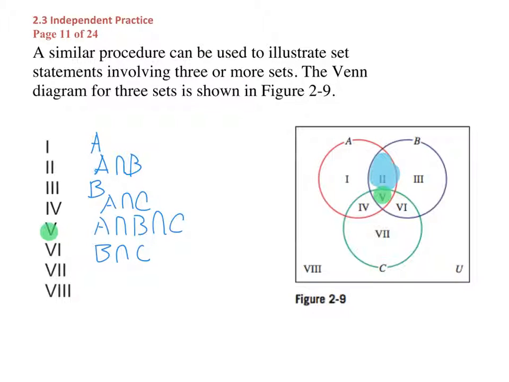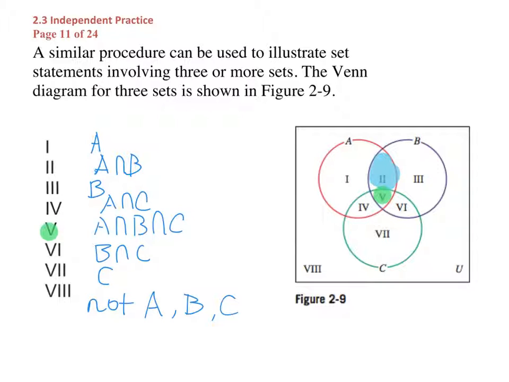And area 7 represents the elements in C only, but not in A, not in B. That's our C only. And area 8 is the area for all the elements in the universal set U, but not in A, not in B, not in C. So those are not A, B, or C. None of them.